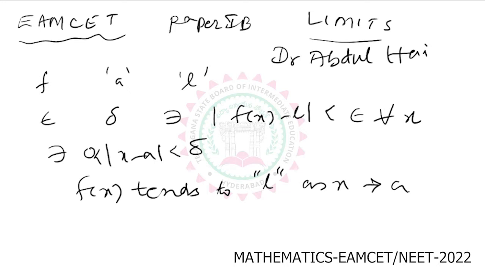That is, limit x tending to a of f(x) is equal to L. So this is the definition of limit.